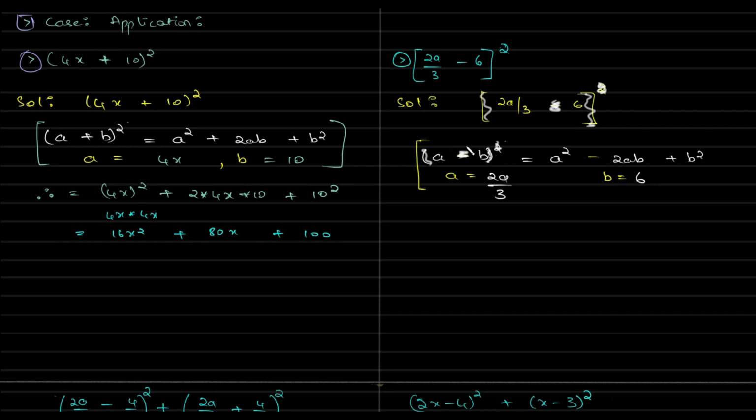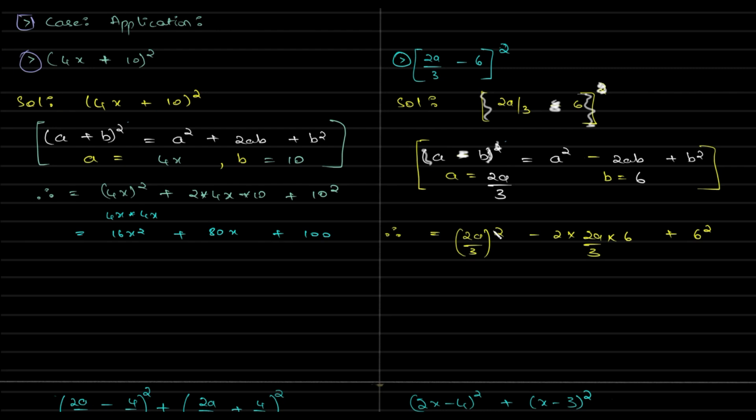And you guys might wonder what happened to the negative? Well, the formula is going to take care of the negative sign. Now just substitute. Therefore, we have 2a by 3 the whole square. So the formula is minus 2 into 2a by 3 into b plus b squared.